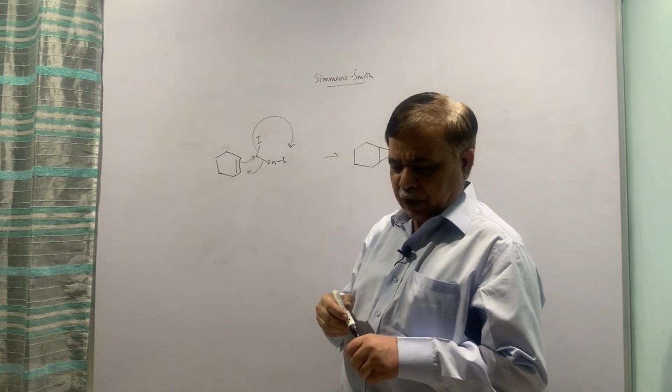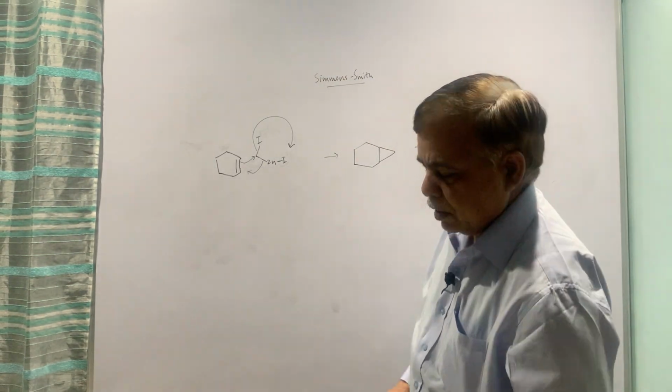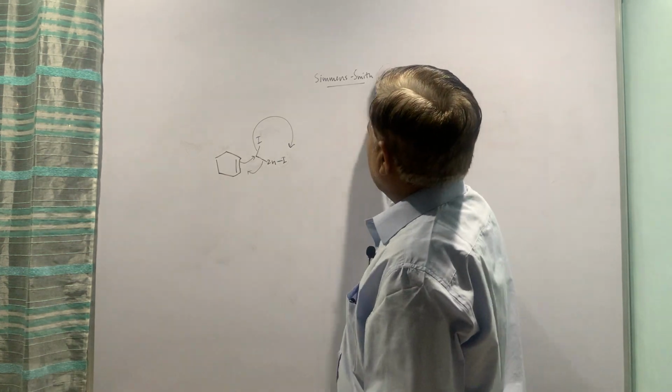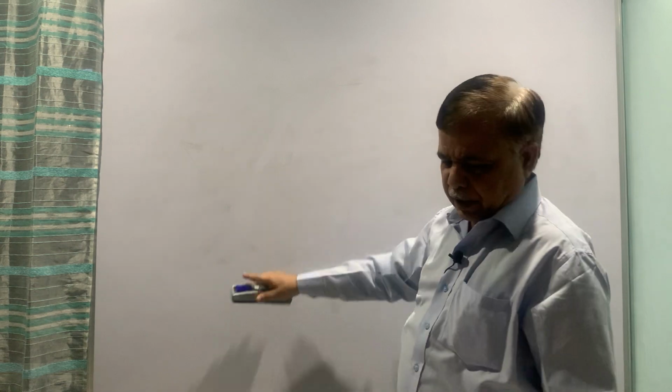This is one of the important reactions in carbene addition. So these four points were important. Now let us see some examples pertaining to these reactions. So some more examples.